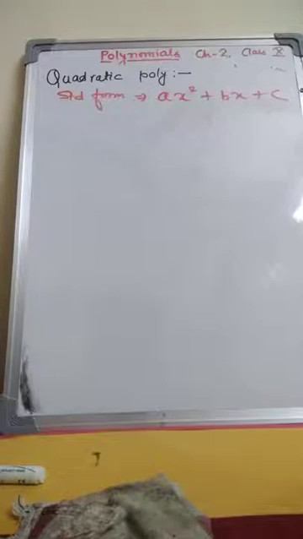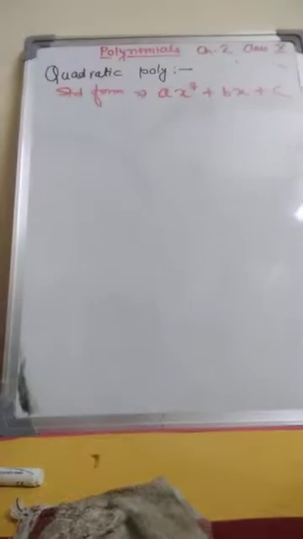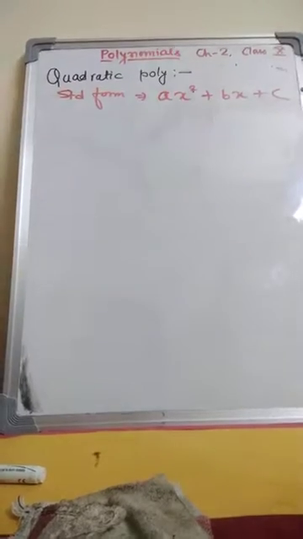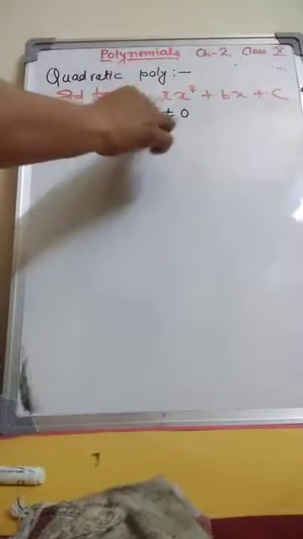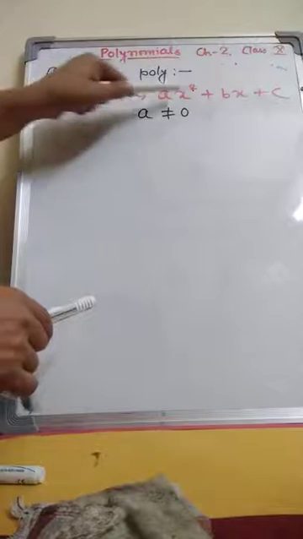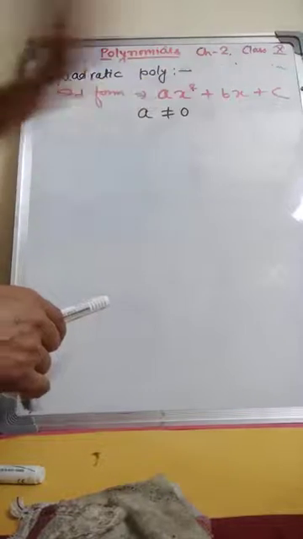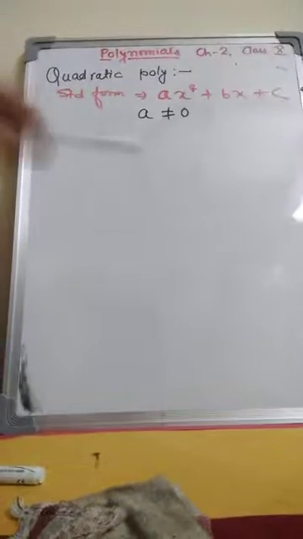Since the degree of this polynomial is 2, it is known as a quadratic polynomial, whereas a cannot be equal to 0. The coefficient of x square cannot be 0 as it is quadratic. If it becomes 0, then it becomes a linear polynomial. b can be 0, c can be 0, but a cannot be 0.